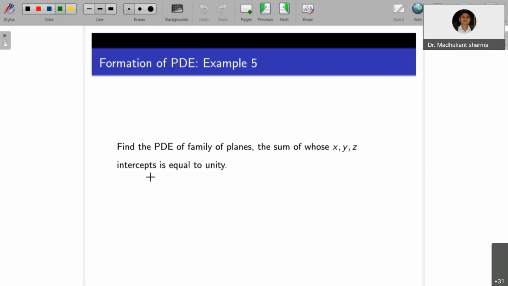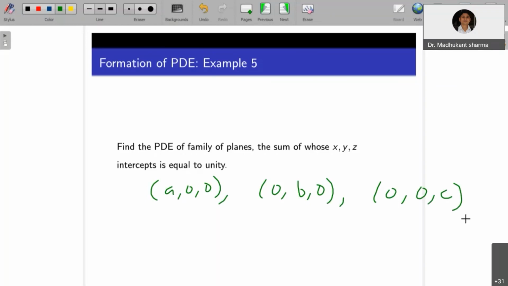When you have the intercepts on the x-axis, y-axis and z-axis as (a, 0, 0), (0, b, 0) and (0, 0, c), the equation of that plane is x by a plus y by b plus z by c equals 1.